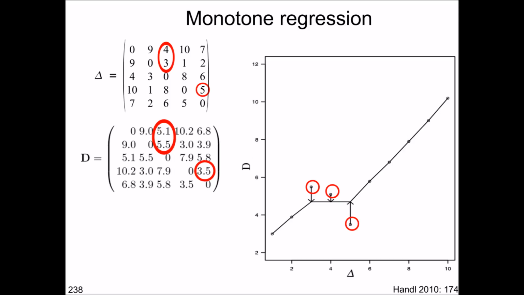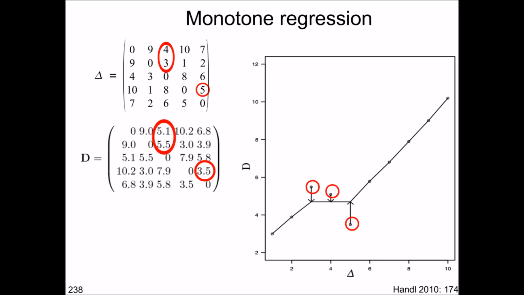Monotone regression means that we should not have a decrease in the distances if we move along the x-axis from one point to another. So we should have a monotone increase. So the distances should either remain the same or increase. And we can achieve that by pushing the points to the line that's indicated with the arrow. So the three points that have been indicated with the red circles are moved to this line.